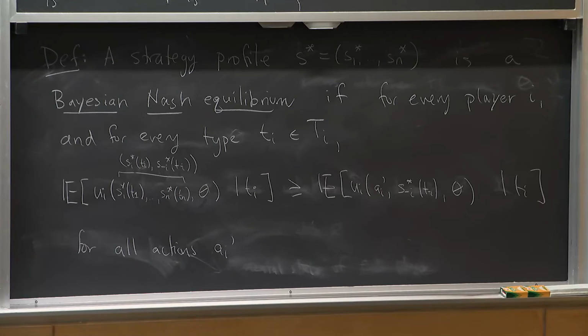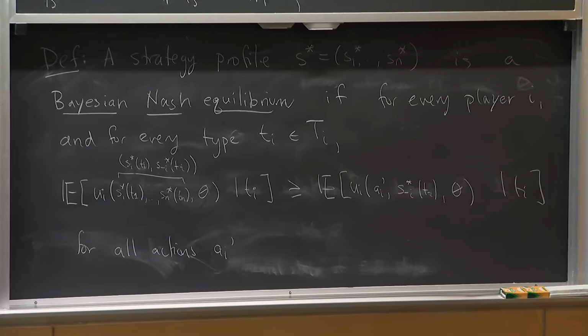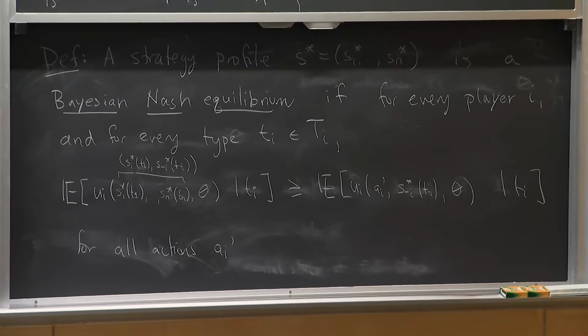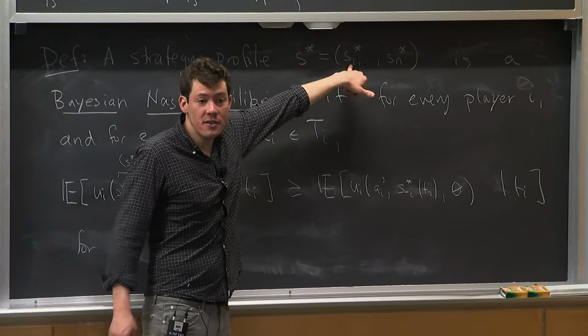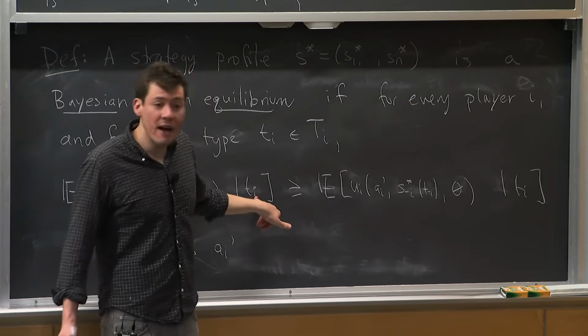Yes? Is there a reason why we have the condition that's given ti, based on the fact that you can only technically have your si star for a certain ti, and you need to pin down your own mental state before you come up with a strategy? I think there's two separate questions there, right? One question is, why is the domain of S1 star T1, and why do I have this conditioning here?